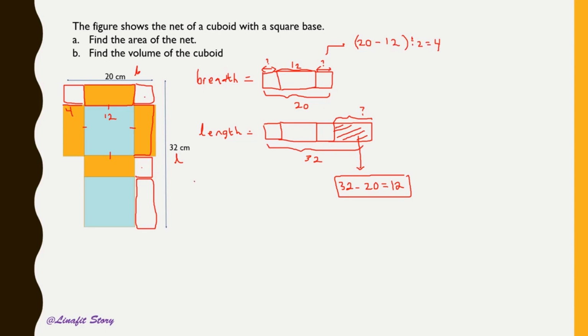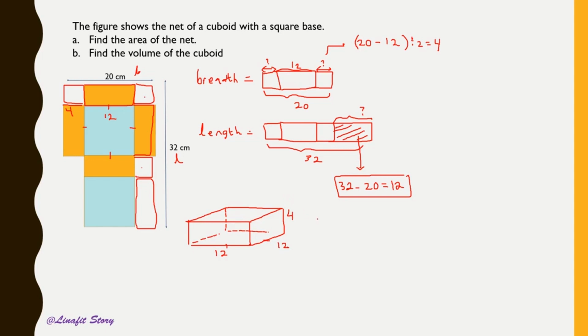So now we will draw the cuboid. The base is a square of side 12 cm. The height is 4.